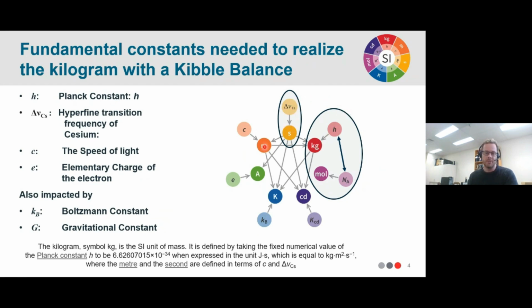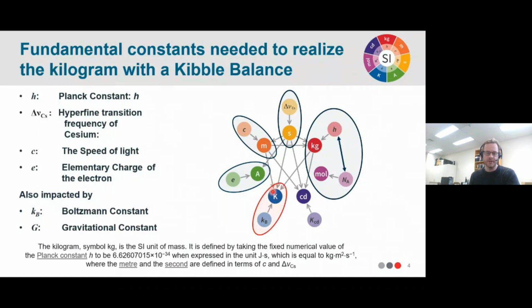Then we also need to know position or displacement very well, and that is done by fixing the speed of light in vacuum, which allows us to realize the meter. Finally, we need to know current very well, and that's linked to the elementary charge of the electron. So we need current or resistance, and that's what we get from this constant.